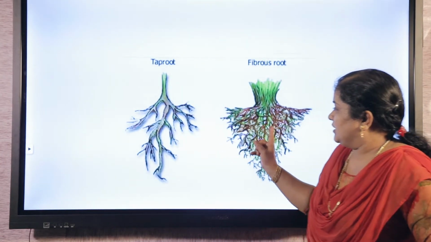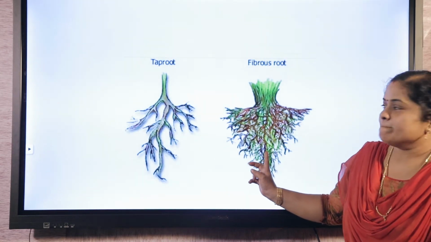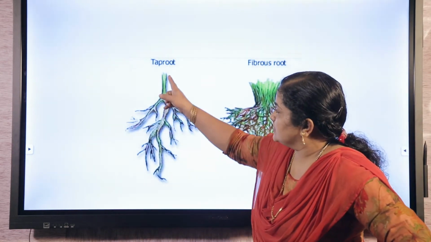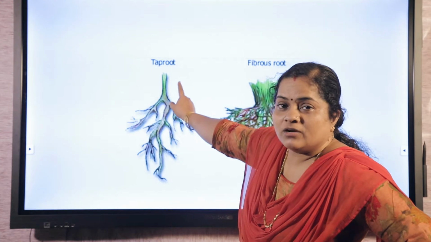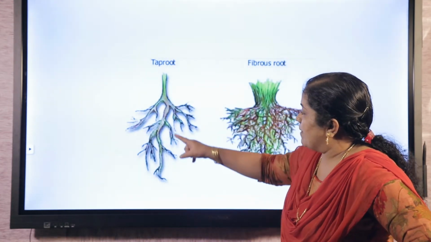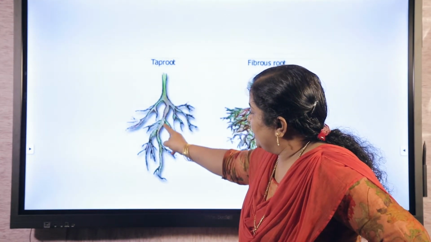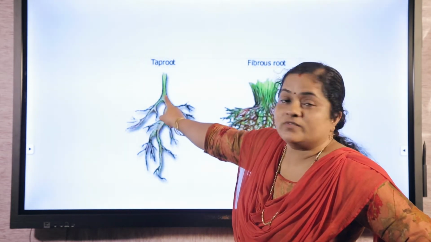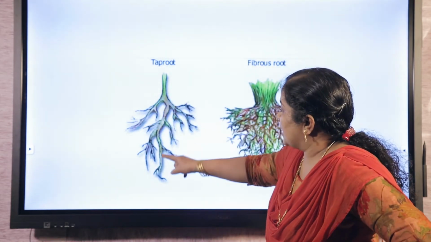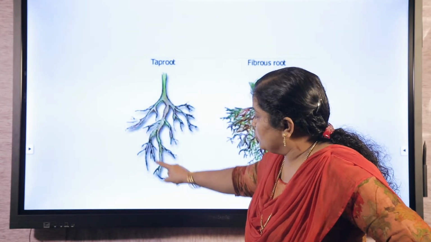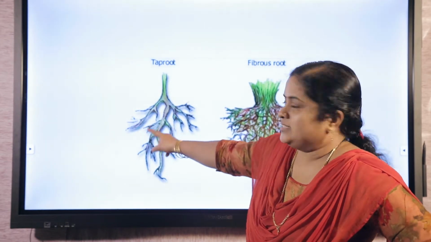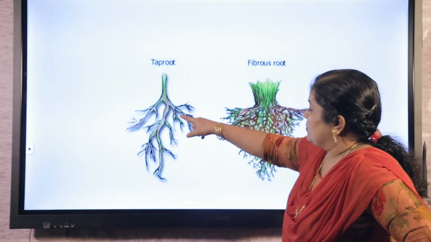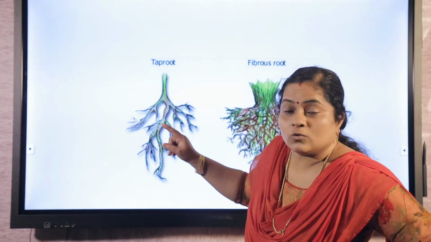Can you see the differences here? This one is the tap root. In this tap root, we can see a main root starting from the base of the stem, and so many branches, or small roots.